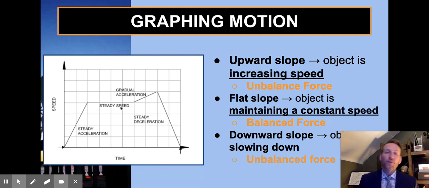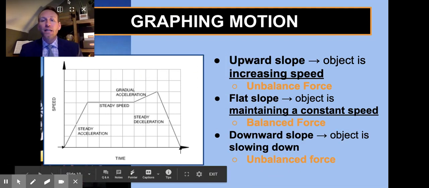If you remember back to last week, that is one of the big misconceptions people have, and it was even in the Edpuzzle video on that last question, where I tried to put a voice over to correct it. If there are balanced forces, it does not mean no motion. It means no change in motion. A steady speed would be no change in motion: going the same direction at the same speed. So that's a balanced force.